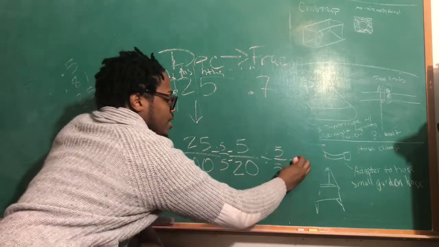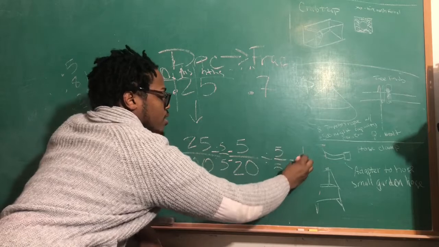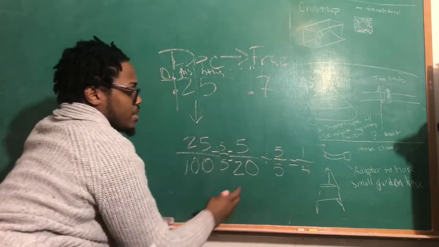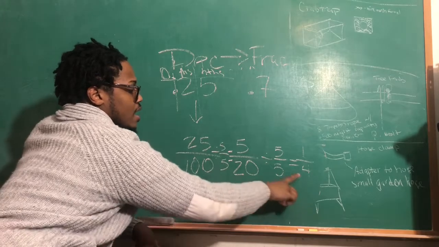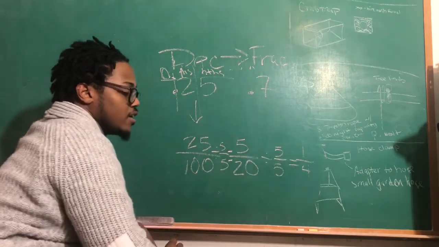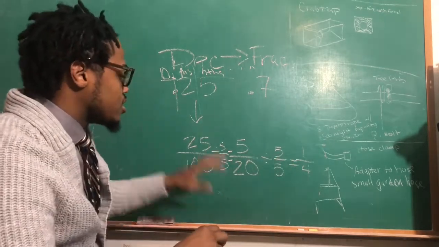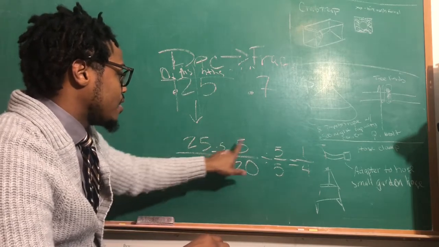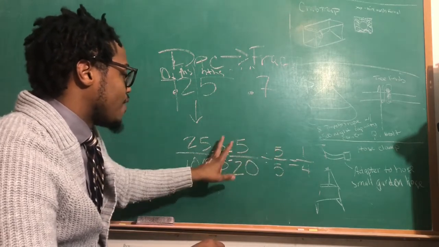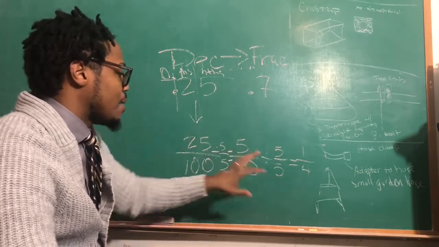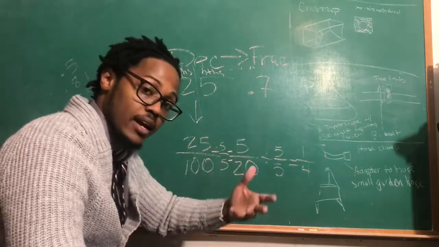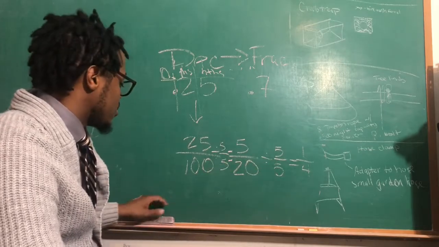Now that would have given me 1/4, because 5 times 4 gives me 20, and 5 times 1 gives me the 5. But here's the deal. If I ever get to a position where I use the 5 again, whenever I use a number twice, that means that more than likely I missed an opportunity that was there a little bit earlier.